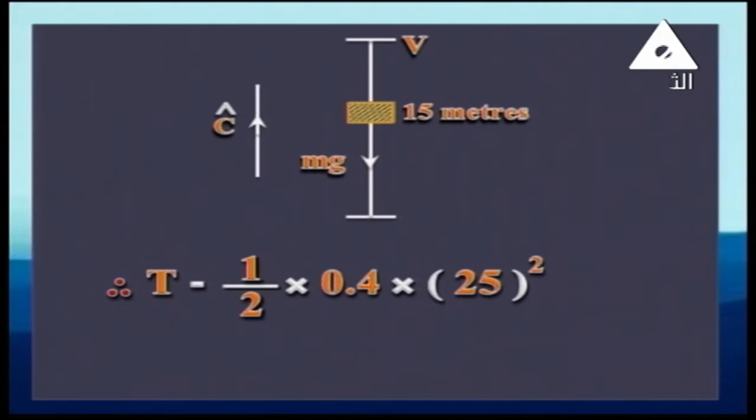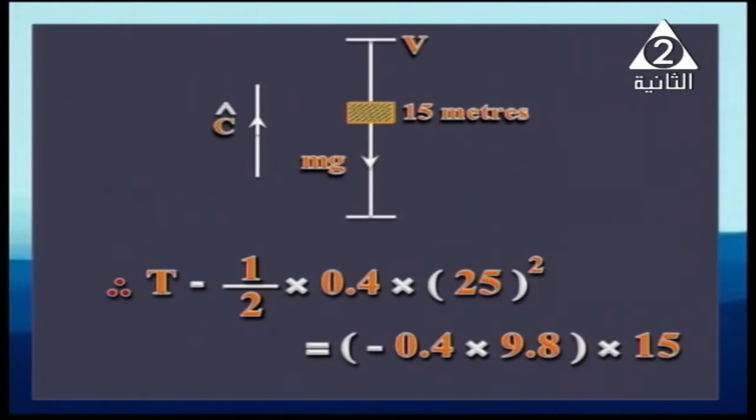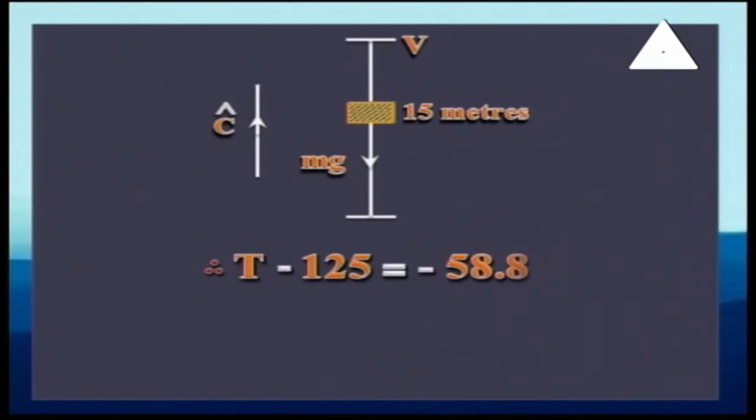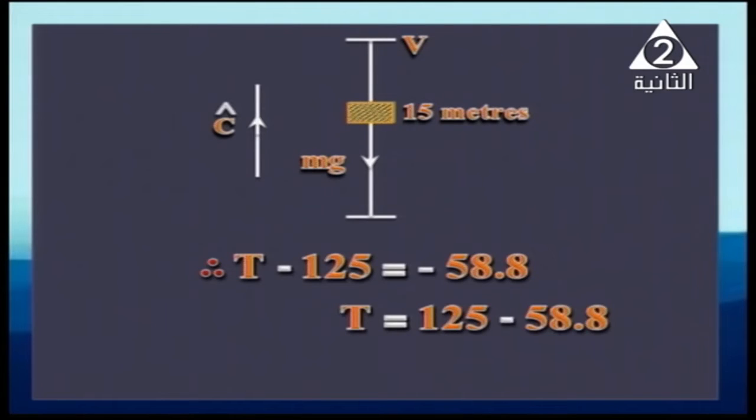Then, by substitution, T minus half times 0.4 times 25 squared equals negative 0.4 times 9.8 times 15. Then we find the value of T. T equals 125 minus 58.8 equals 66.2 joule.